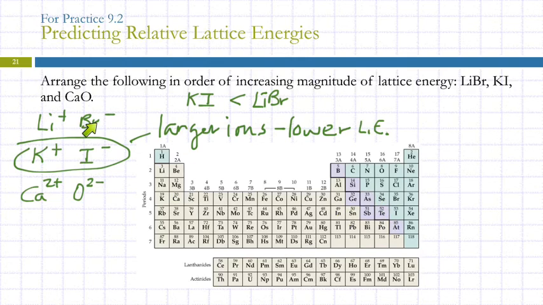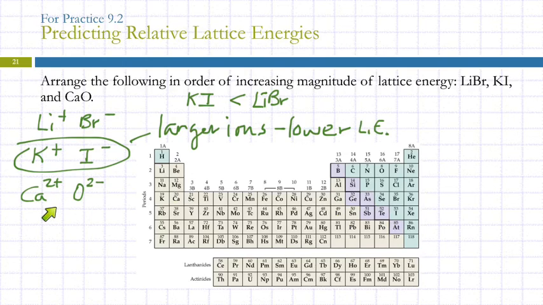So in lithium bromide, one of them's bigger, but one of them's smaller than in calcium oxide. And I can't quantify that based on the periodic table. But maybe the distance between them is roughly the same. It's certainly not clearly different like here, where potassium's bigger than lithium and iodide's bigger than bromide. Clearly this one has a larger radius, a larger distance. Does that make sense?